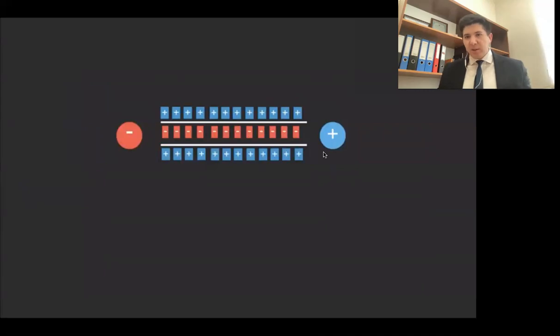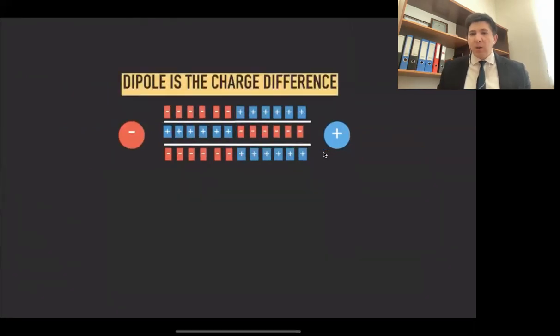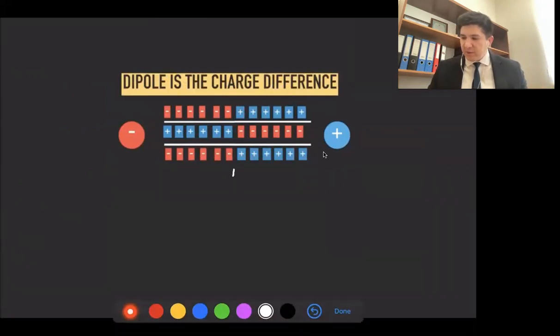But once the signal comes, the action potential is propagated through the cells. It becomes positive inside and negative outside. But let's hold on at the state when the signal is transmitted until half of the cells. So it is transmitted here, so it becomes positive inside and negative outside, but it is not yet transmitted to the rest until the end. At this stage, we are going to measure the charge difference inside the cell.